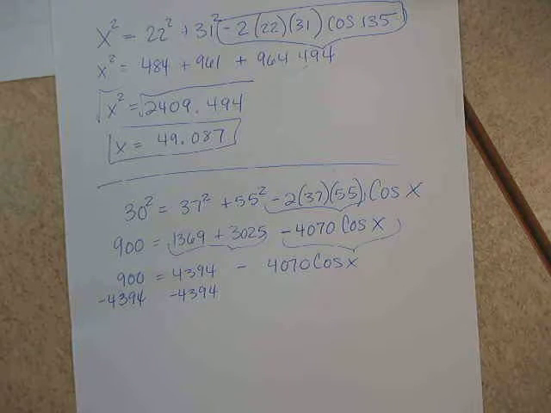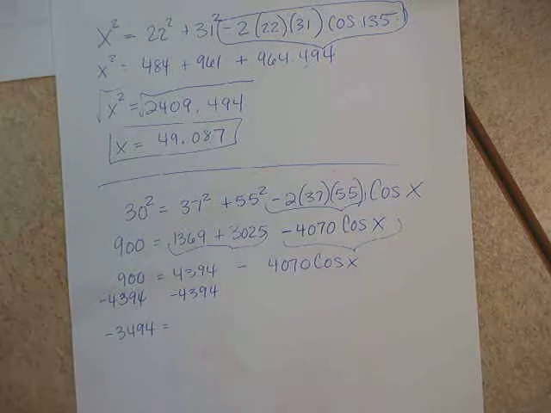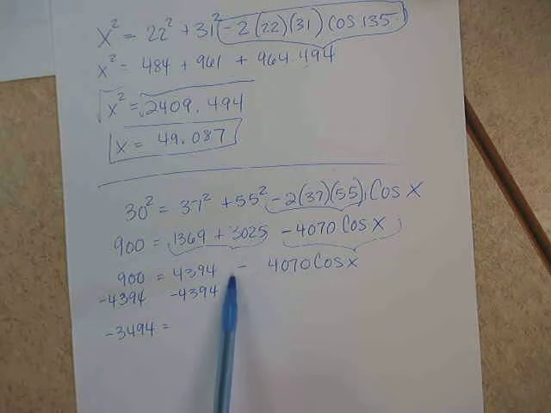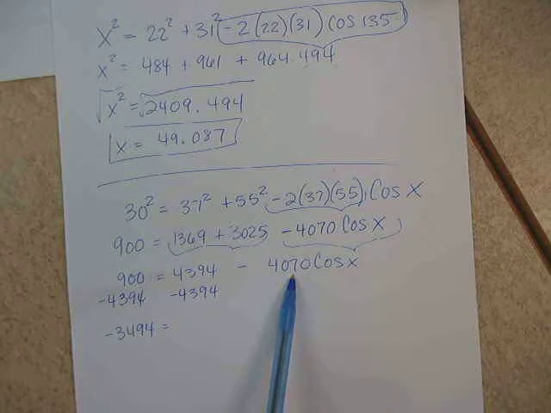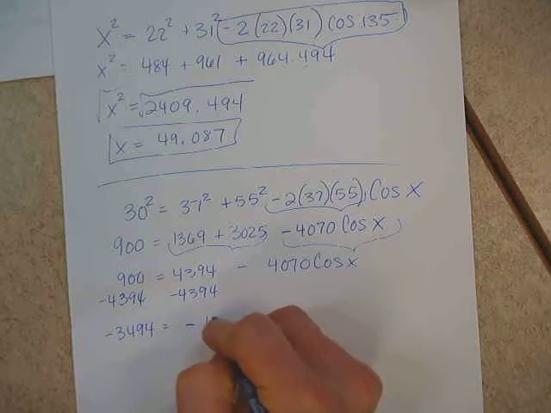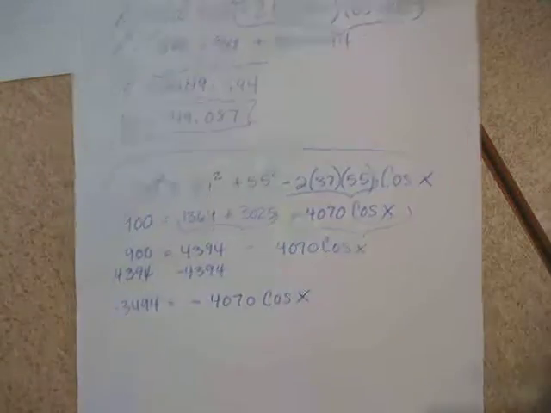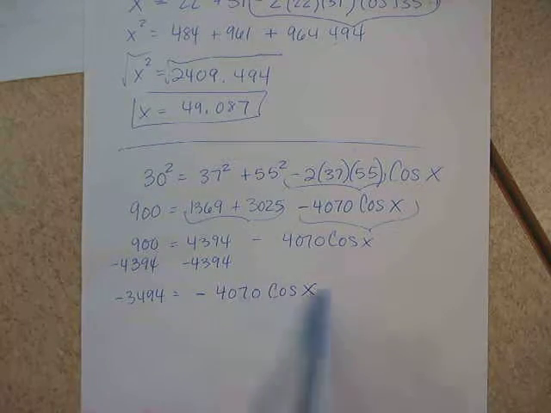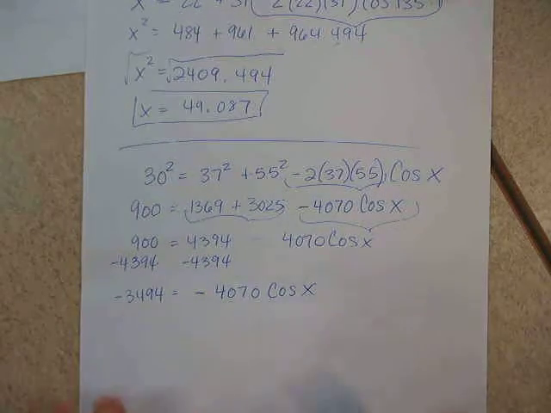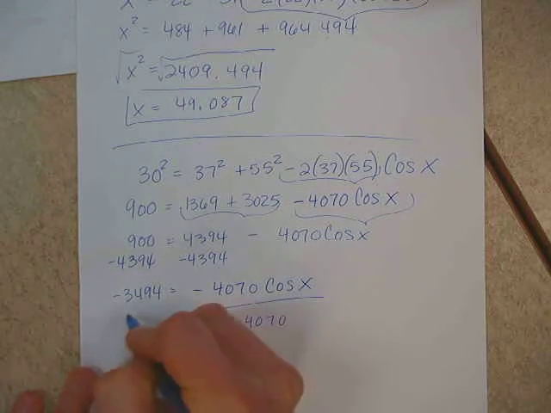We're going to get rid of that. So we're going to subtract 4394 from each side. Don't panic getting a negative number because this is negative, right? So that's all right. So that is -4070 cosine of x.